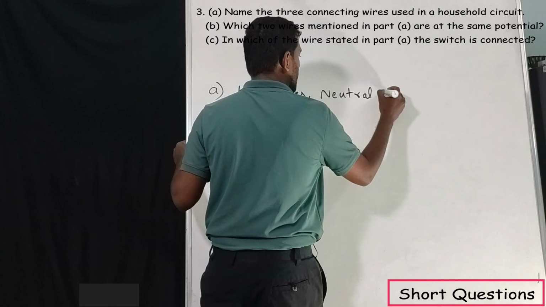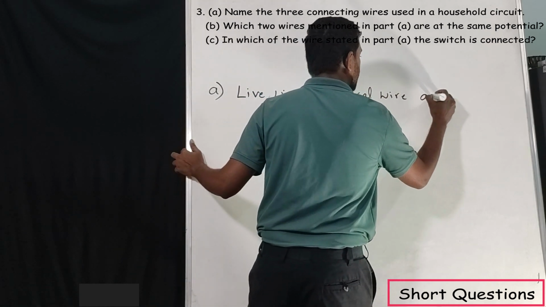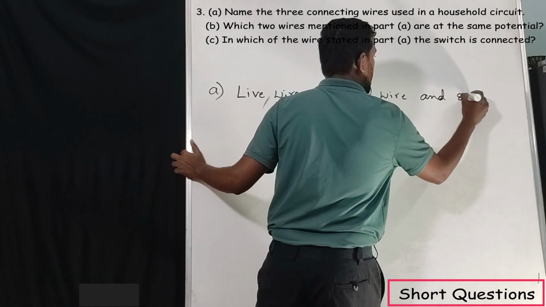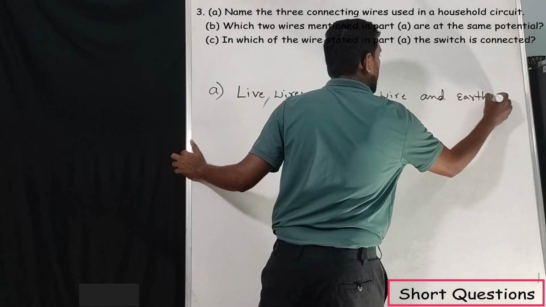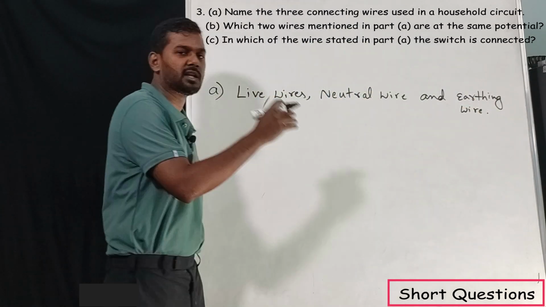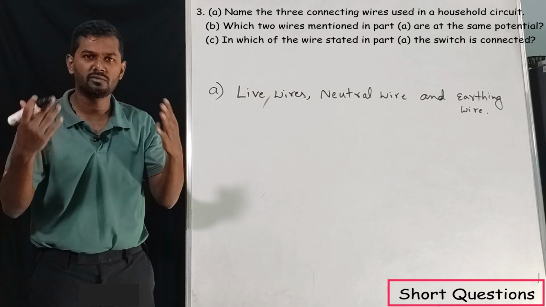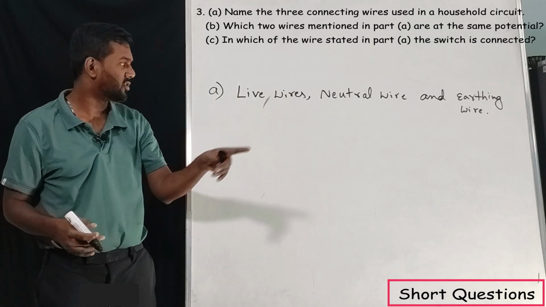Neutral wire and finally earthing wire. So these are the 3 wires which we use in our houses. Everywhere, wherever we go, we use these 3 wires only.